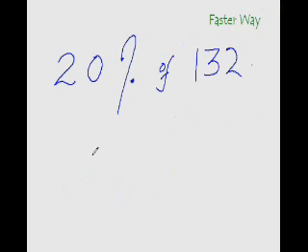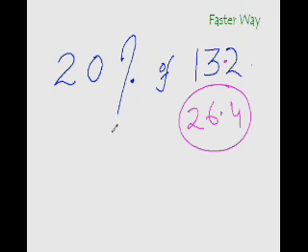This is the last example. Quickly find out what is 20% of 132. 10% would be 13.2, and 20% would be double of that, that is 26.4. That is your answer. Now I'm sure you can easily find percentages ending in 0 or 5 for any number.